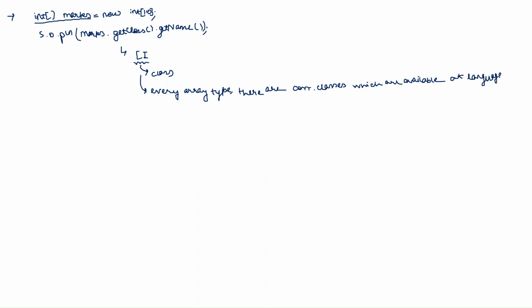You can use it in your programming language, but they are not available at the programmer level, and that is why you cannot see this class, but unknowingly you initialize an array of any data type.